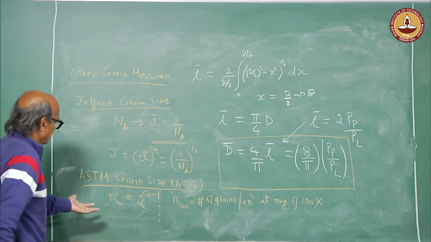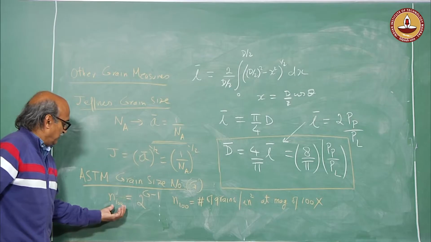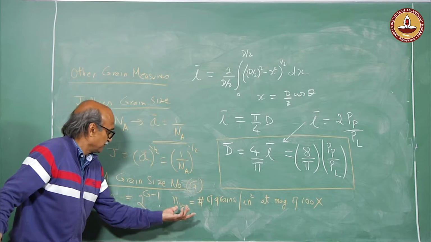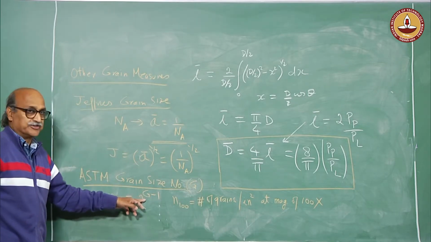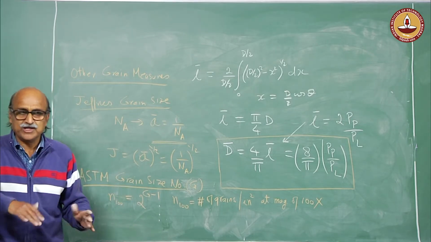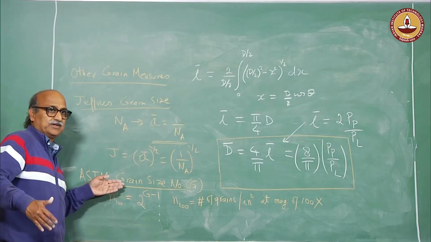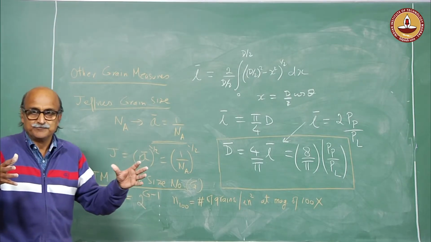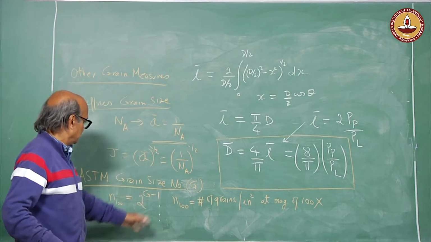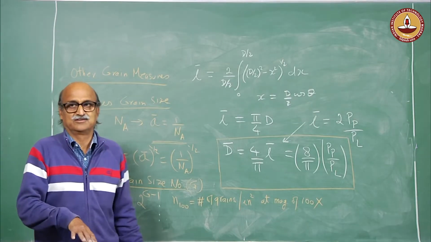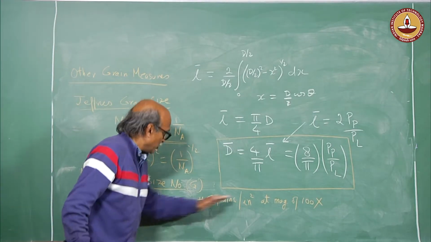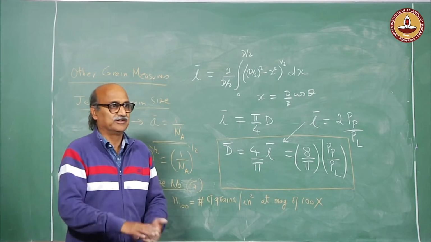This measure tells me that when I get a larger number of grains per unit area per inch square, then my G will be larger, and if N is small, then G will be small. Now, if N is large, which means grains are smaller or bigger? Grains are smaller. So, larger is this grain size number, smaller is the grain size. Okay. You will learn more about this in the demonstration exercise that will follow.